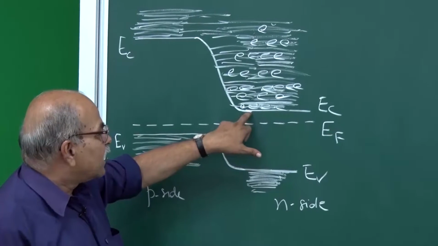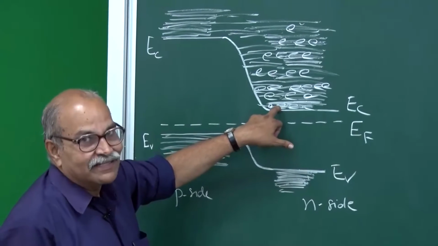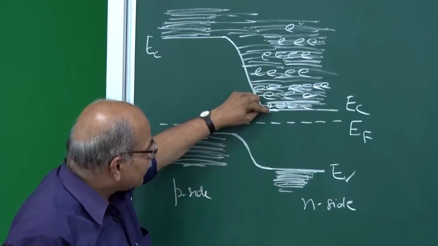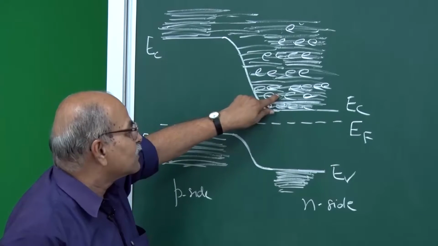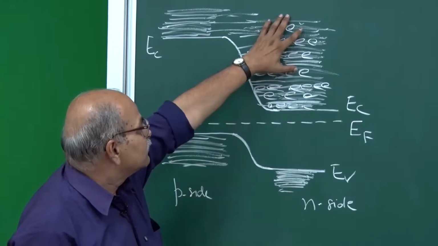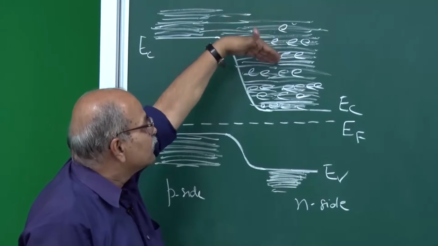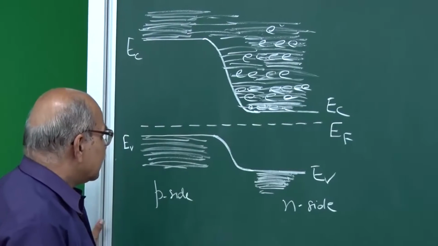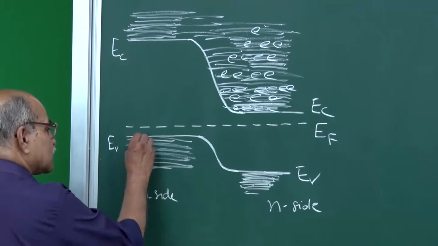Right at the bottom, you remember, the density of states is 0, and then the density of states increases. So, it maximizes not at the bottom, but a little bit above. But we are not concerned with this, we are mostly concerned with this. So, here the concentration decreases exponentially as you go up in energy. Similar is the story for the p side. Here you have holes.